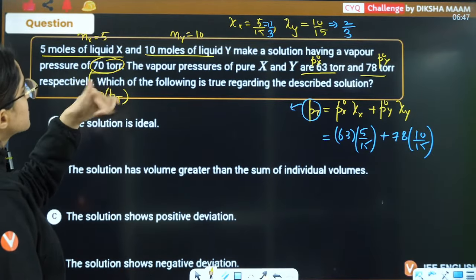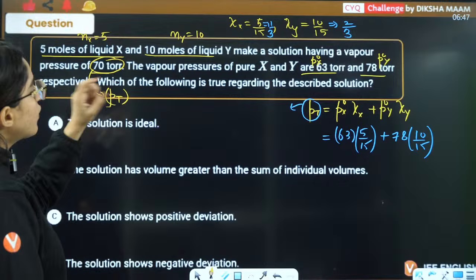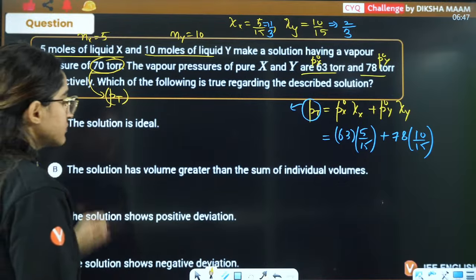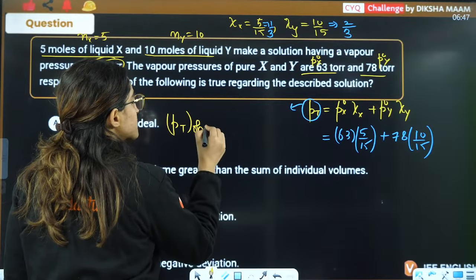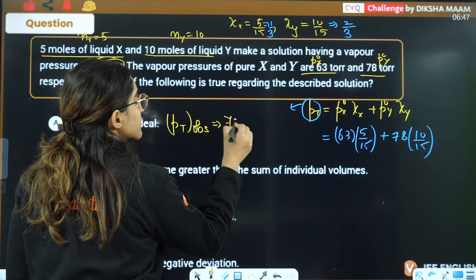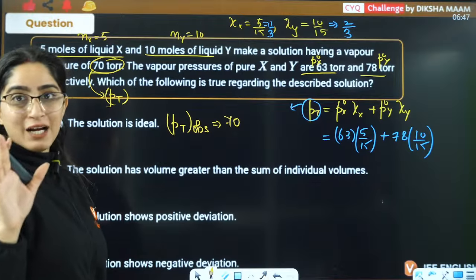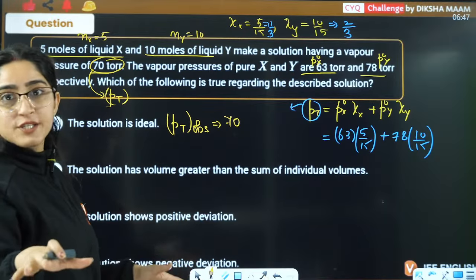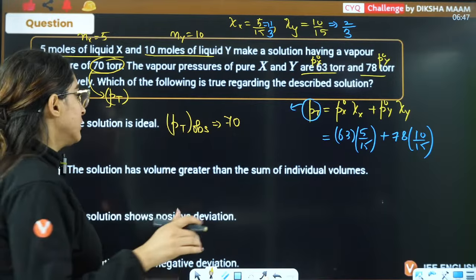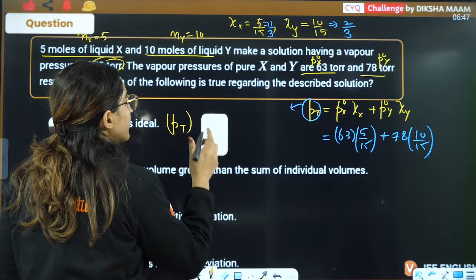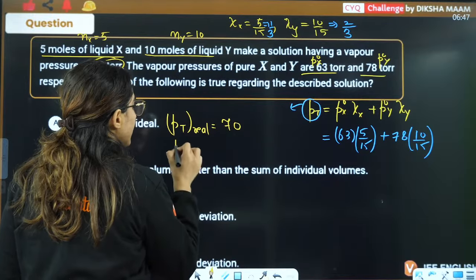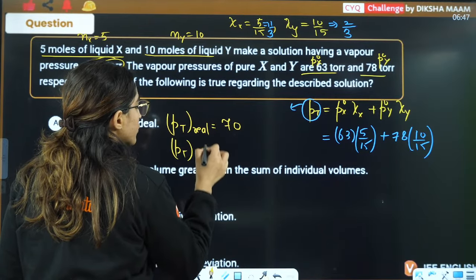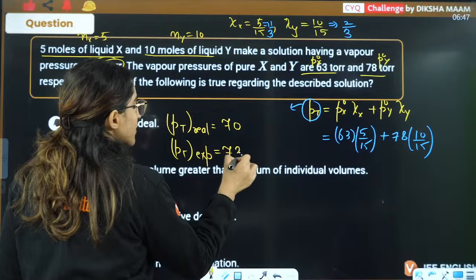This makes a solution of vapor pressure of this. PT observed, that we have seen through the experiment, is 70, that is real. And PT expected is coming out to be 73.